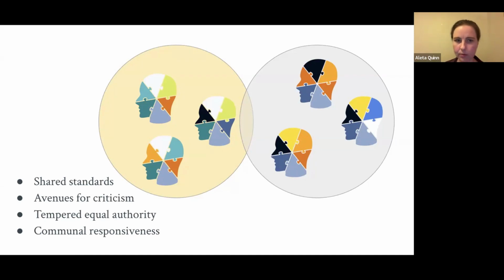There's many herpers who don't interact with herpetologists, and there's many herpetologists who do not interact with herpers. But there's some folks who do. And so then you can start to think about how these standards might function when thinking about bridge principles or ways of translating knowledge across these communities.